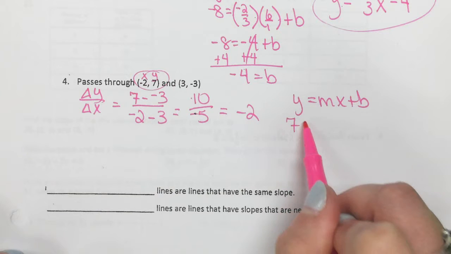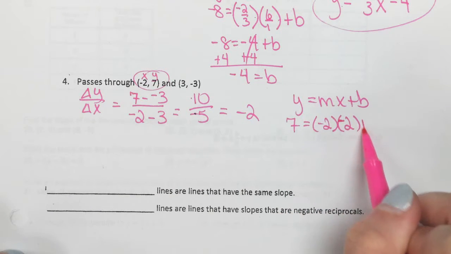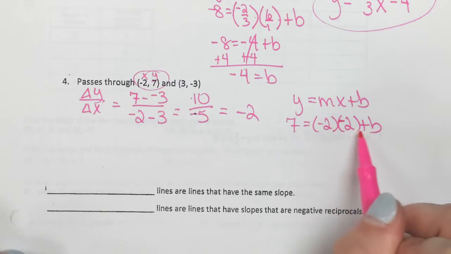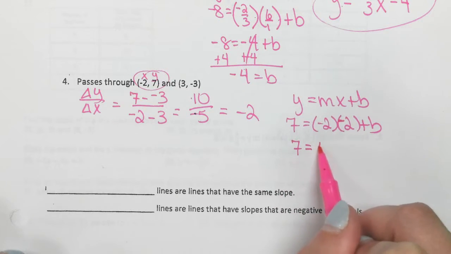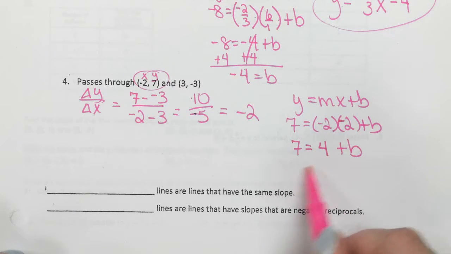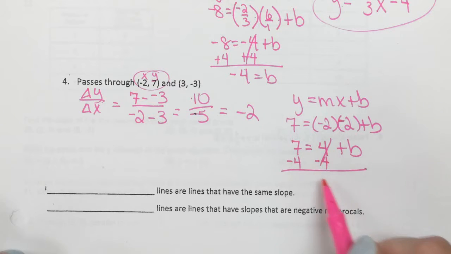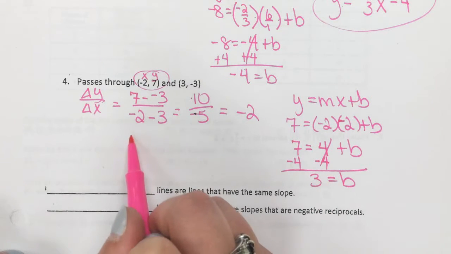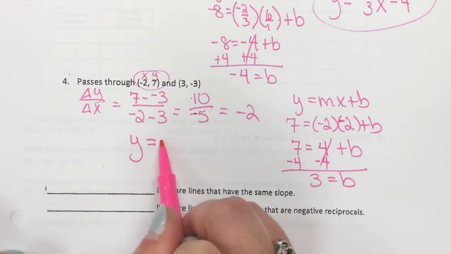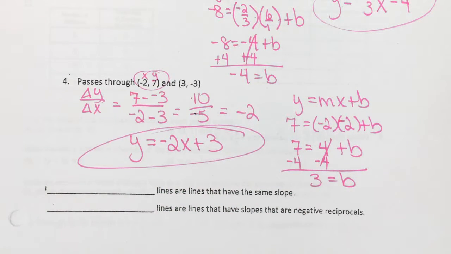So that'll be 7 equals negative 2 times negative 2. So what's negative 2 times negative 2? 4. How do I move the 4? There you go. 3. So what's my equation? Perfect, perfect, perfect. Y'all okay?